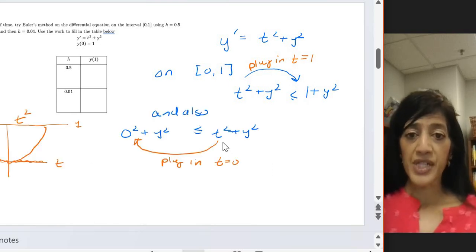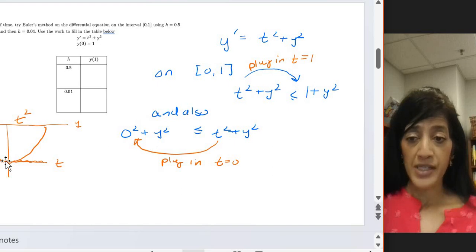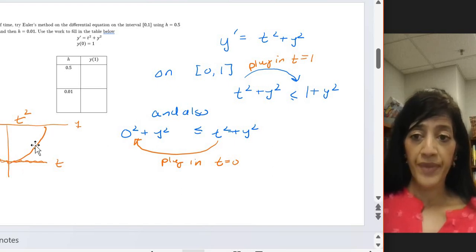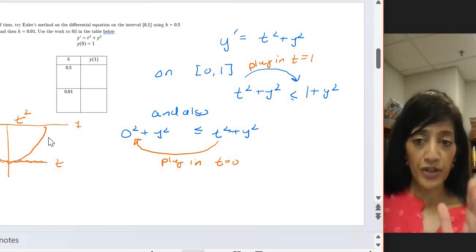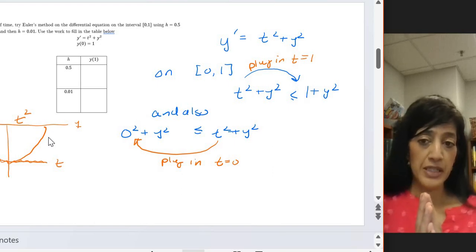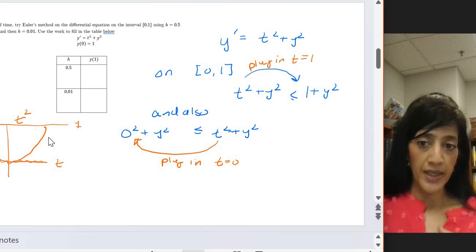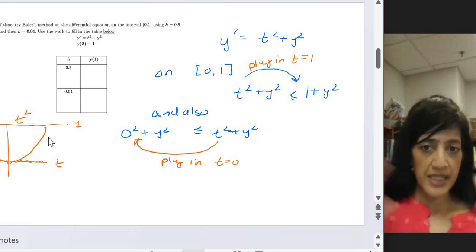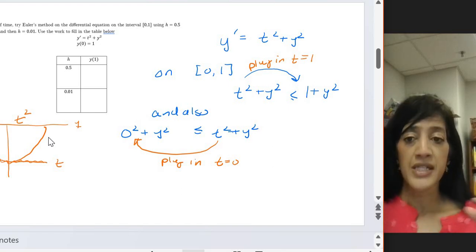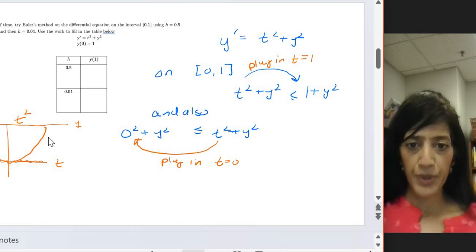And on the other side, if I plug in the lowest value for t, I get that it's bounded below by just y squared. So basically, here's t squared as a function, and it's that curve between 0 and 1 inside the interval t equals 0 to 1. So that's kind of what I'm doing, just bounding it below and above.